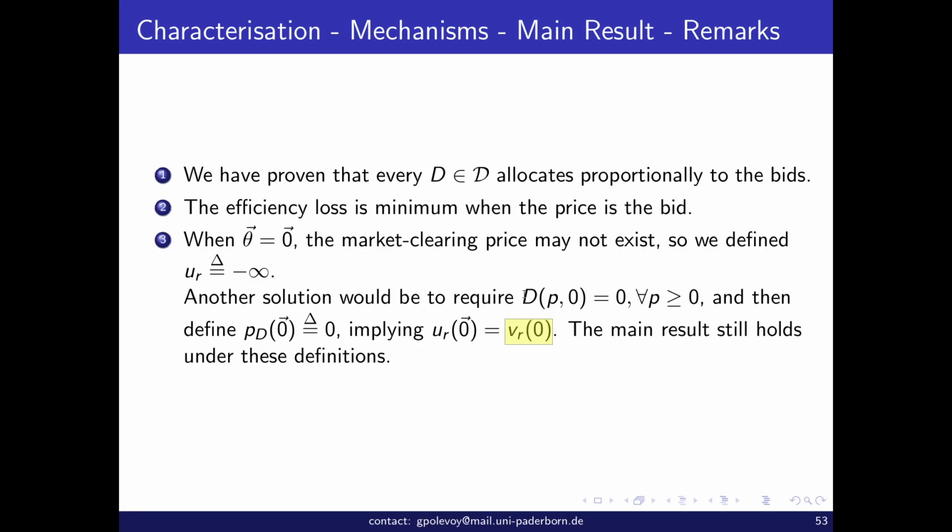The price times what you get. Since the price is 0 and you get 0, you pay 0. So the utility is exactly the value of getting nothing. That's what we also did before we looked at this mechanism in general. So that's another way. And the main result can still be shown to hold under this definition. So as we said, it doesn't matter. Of course, it takes a lot of technique to see it again, but it can still be shown to hold.